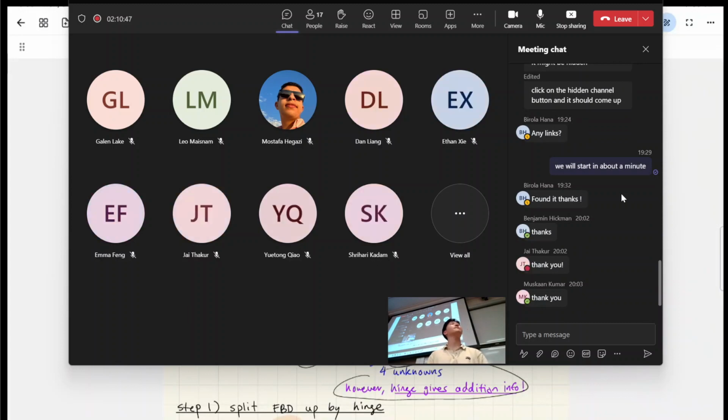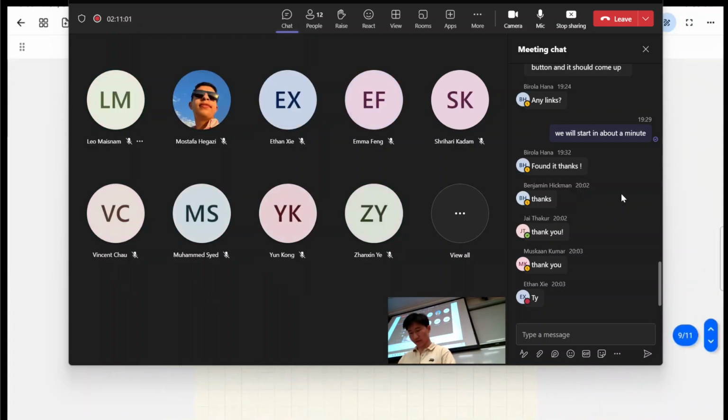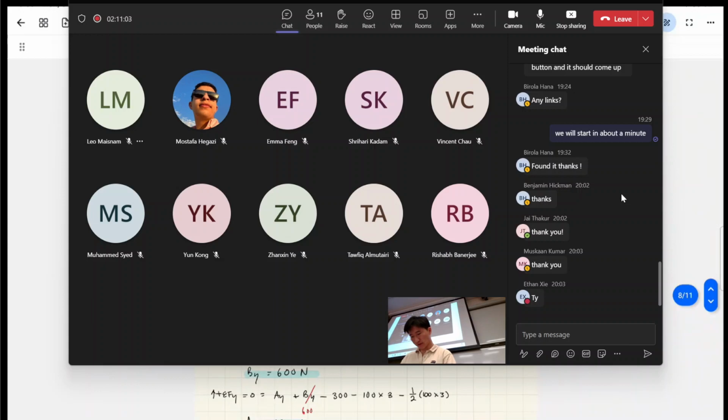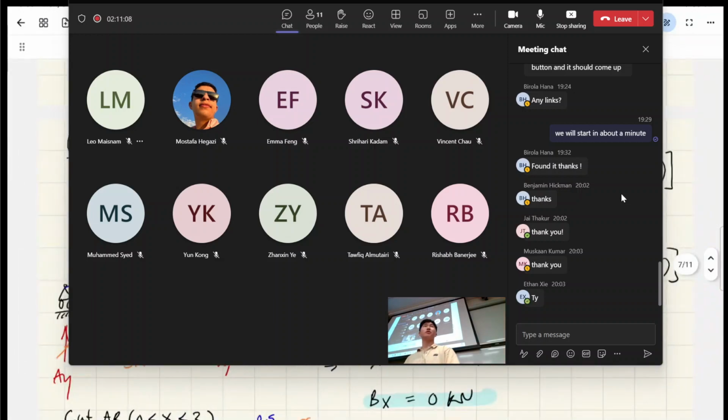For the triangles, you can't use a point load to find the shear force diagram. Let me see if I'm understanding your question correctly. So, for example, this triangle.